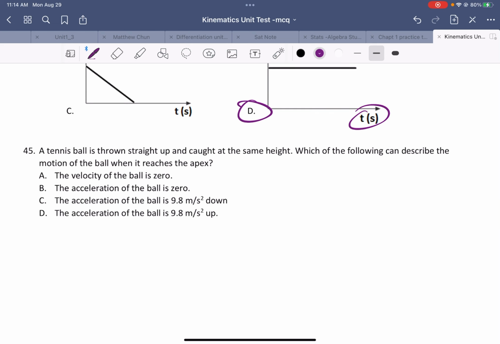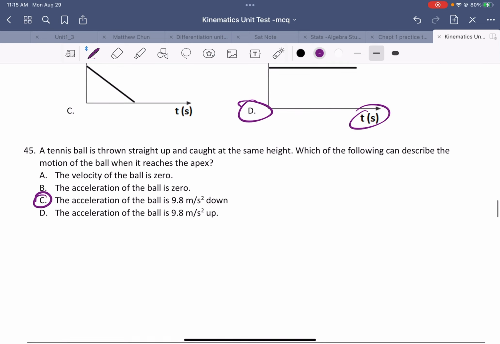Now number 45, that's the last one. A tennis ball is thrown straight up and caught at the same height, and which of the following can describe the motion of the ball when it reaches the apex, so maximum height? So we know that acceleration is always 9.8, or you can say 10, downward, and when it reaches the maximum height, the velocity is 0, right?